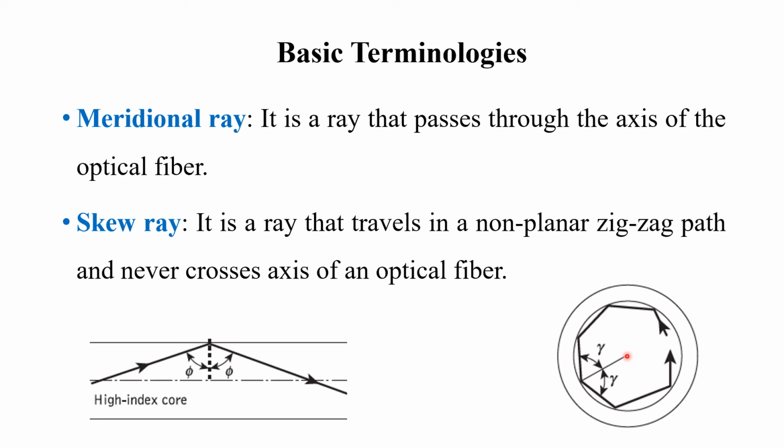This is the axis, the center of the optical core, and the light traveling through this optical fiber will never cross this center axis. It will be just colliding at the end part, traveling in a circular motion or a zigzag motion. It will never touch the axis. Such types of rays, we call the skew rays.